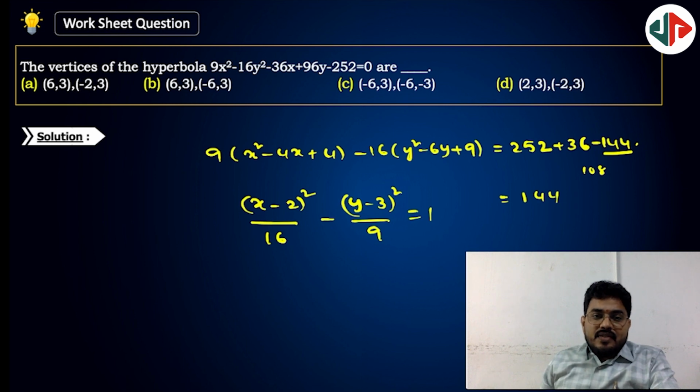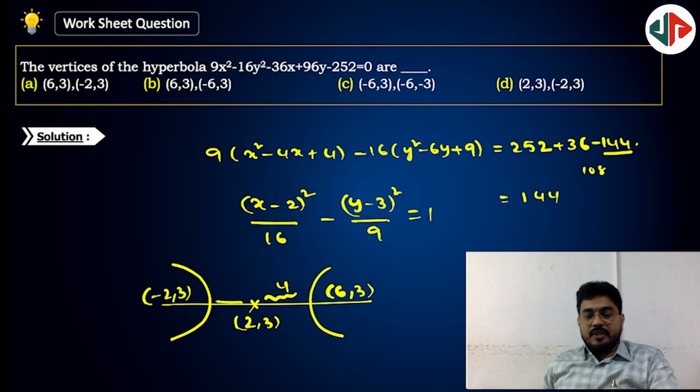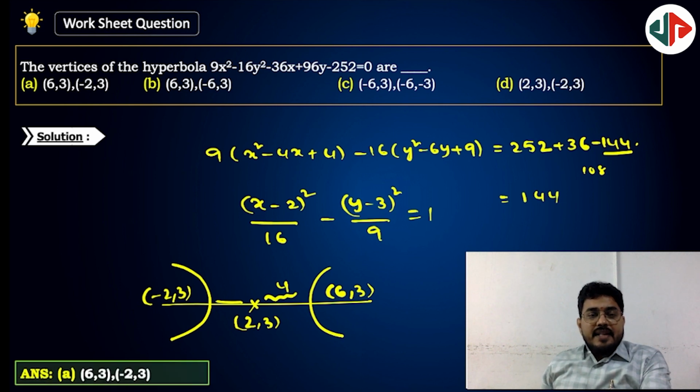Vertices they are asking. Here you have 2 comma 3, this is 4 units, 6 comma 3, 4 units this side, minus 2 comma 3. Answer is A.